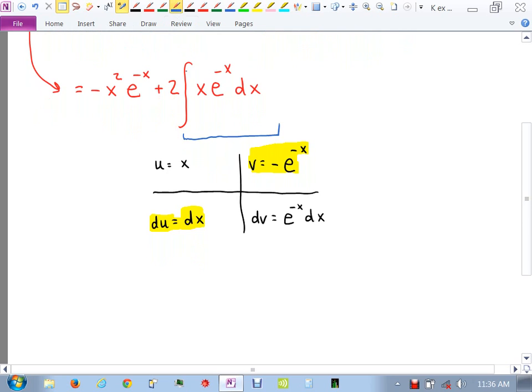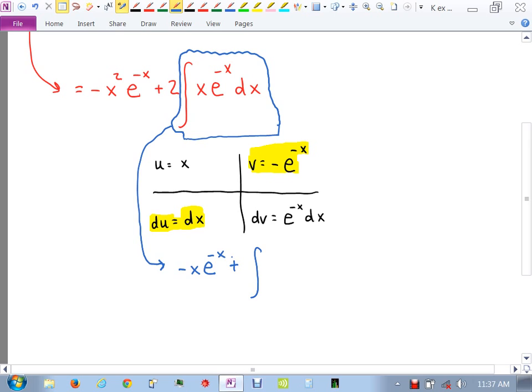So what does this one integral become? I'm going to come back up here and circle this. What does just that become? Negative x e to the negative x minus integral. Well, is it going to be minus integral?